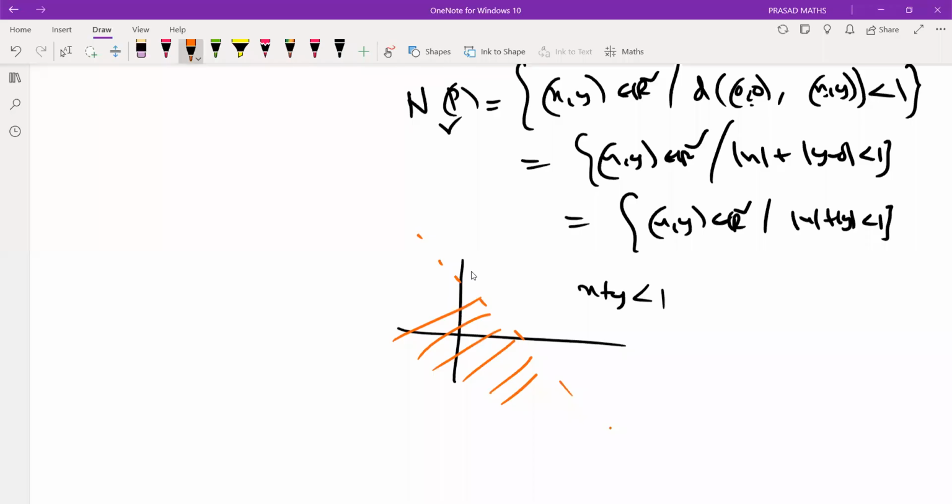Next, x negative and y positive, and then x positive and y negative: mod of minus y is equal to minus y, so this is also towards the origin.